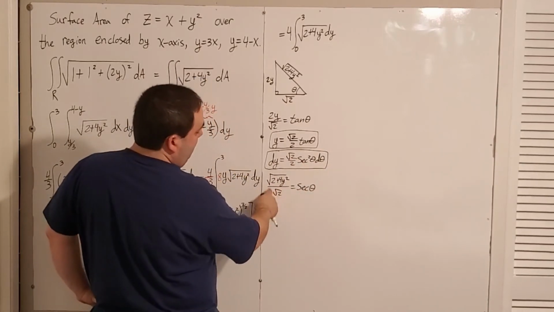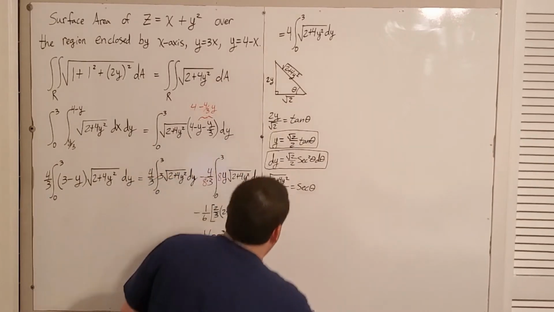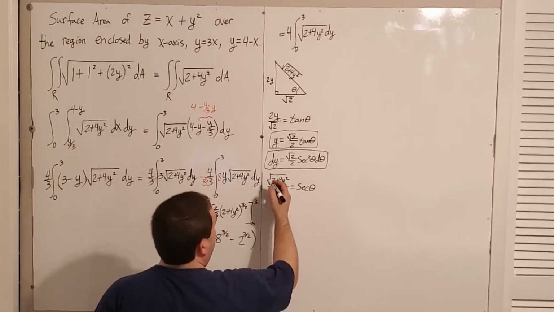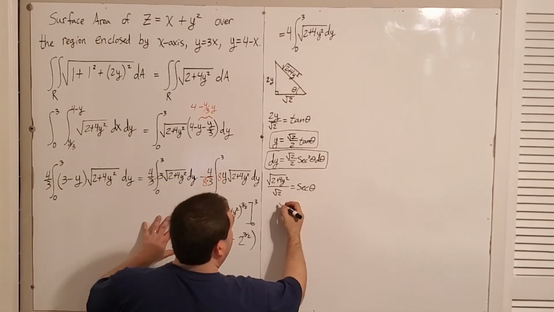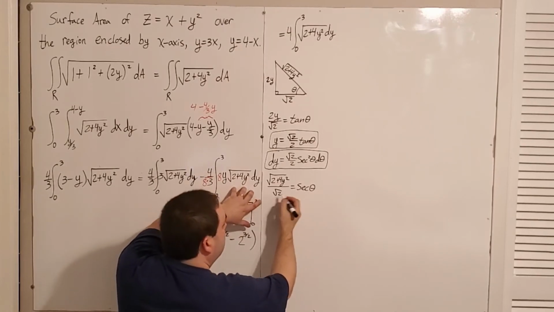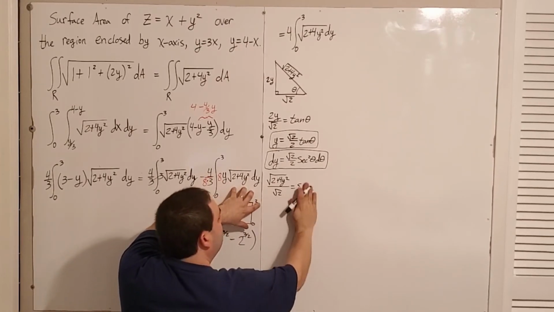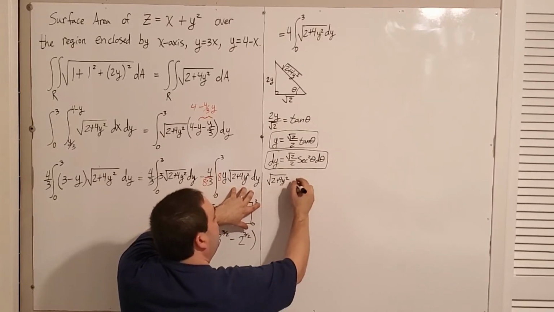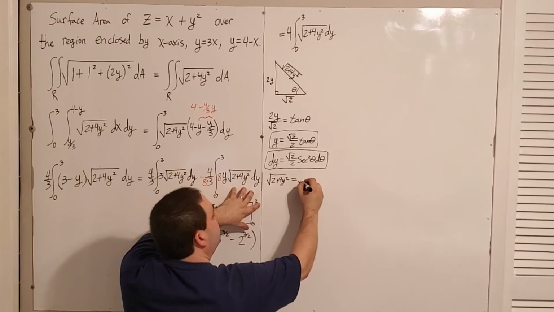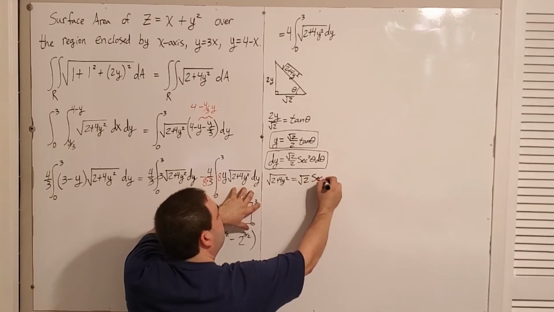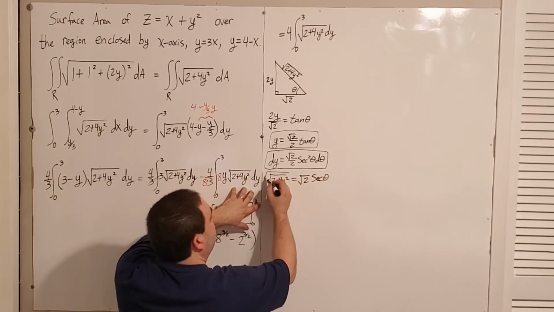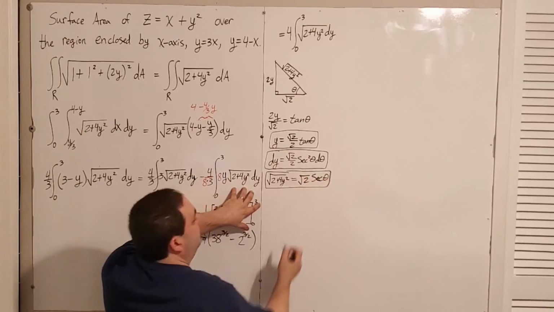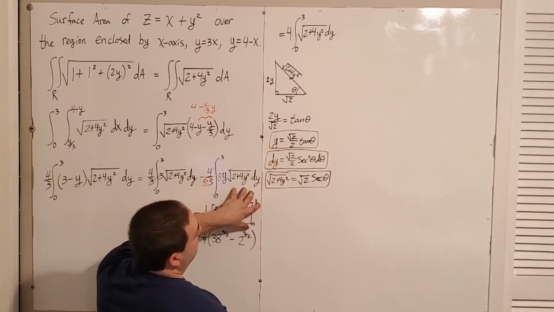But also, this is going to give me a key also. Okay? So notice right here that I'm going to have the square root of 2 plus 4y squared is equal to square root of 2 times secant, right? Another important substitution piece right there for my integral.